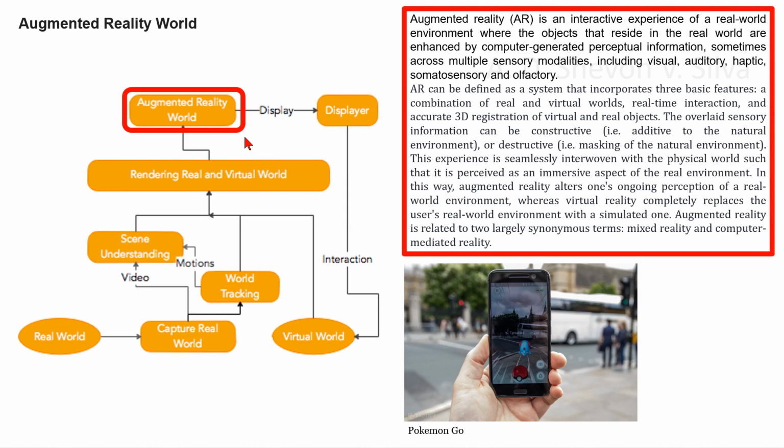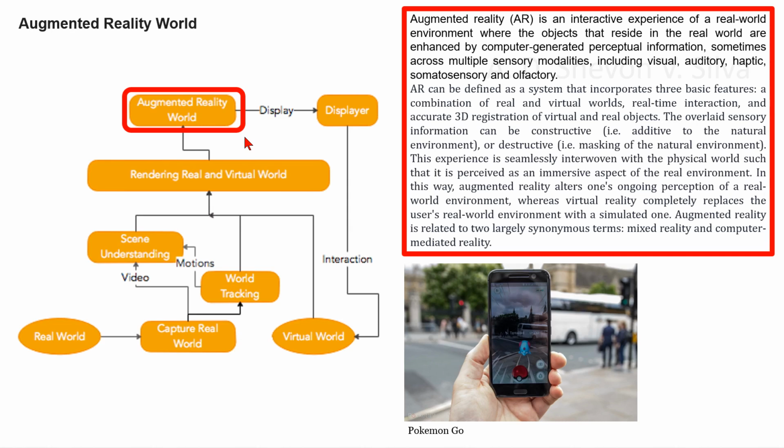AR can be defined as a system that incorporates three basic features: a combination of real and virtual worlds, real-time interaction, and accurate 3D registration of virtual and real objects.